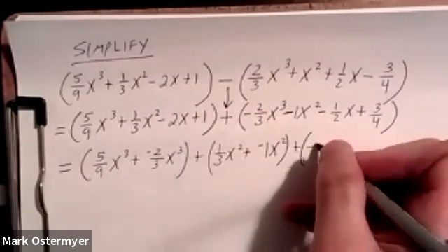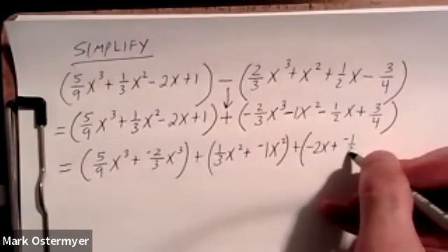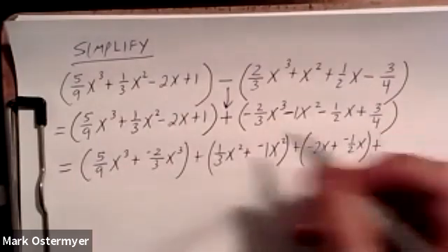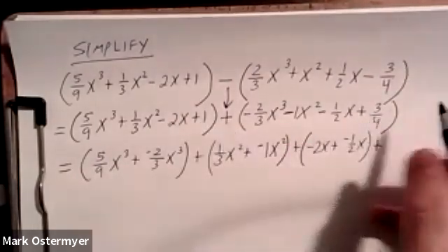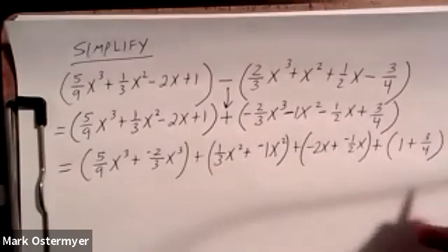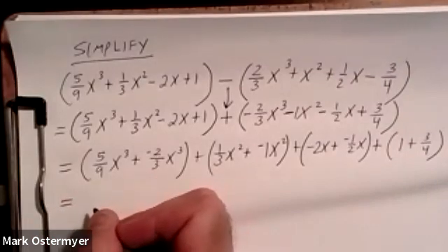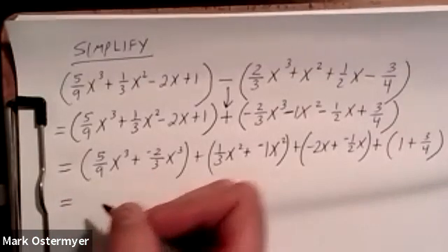Negative 2x needs to be added to a negative 1/2 x. 1 gets added to a 3/4. Whenever we add or subtract fractions, we need a common denominator.